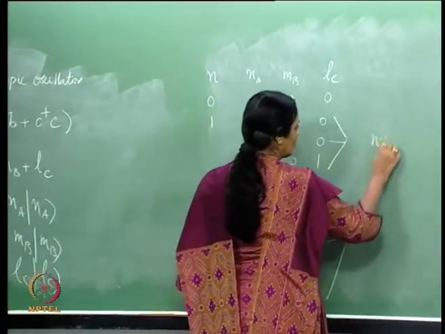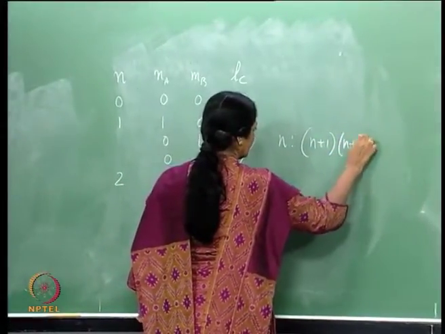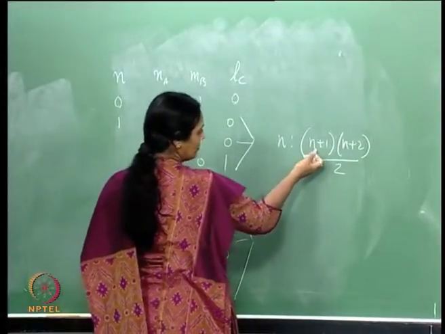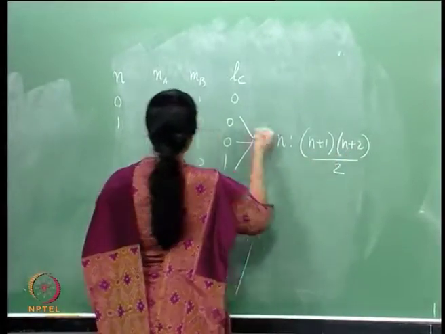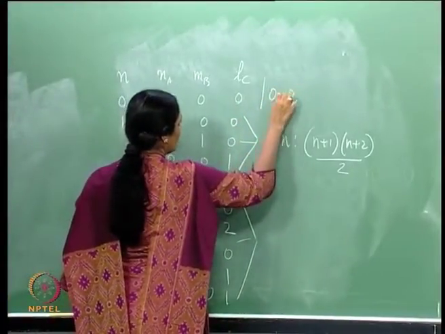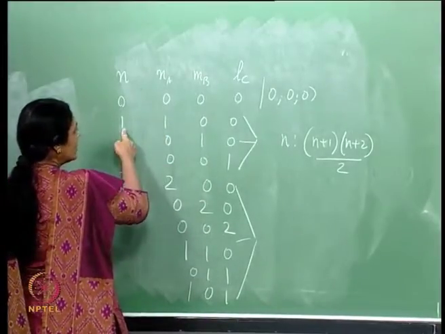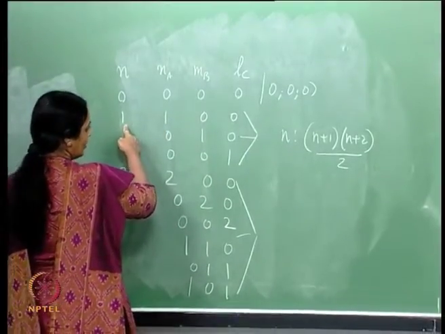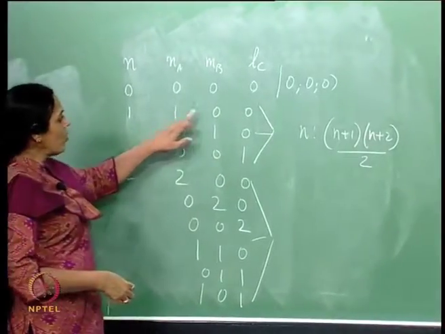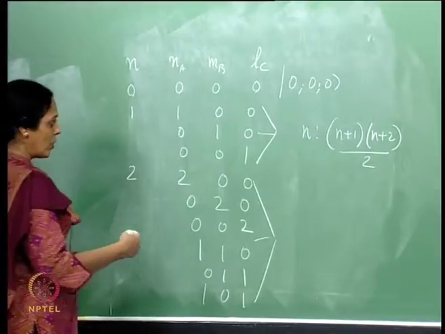For a given value of n, so when n is 0, there is exactly one state. The label is 0, 0, 0, if you wish. When n is 1, there are 3 states. These states would carry labels 1, 0, 0 or 0, 1, 0 or 0, 0, 1.